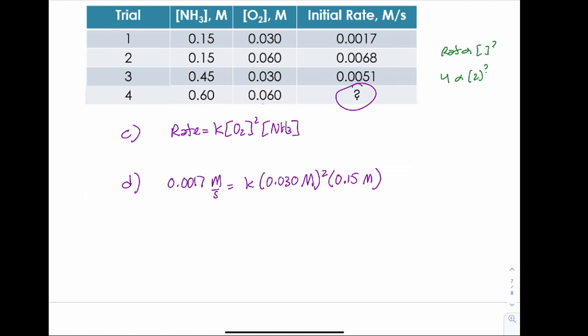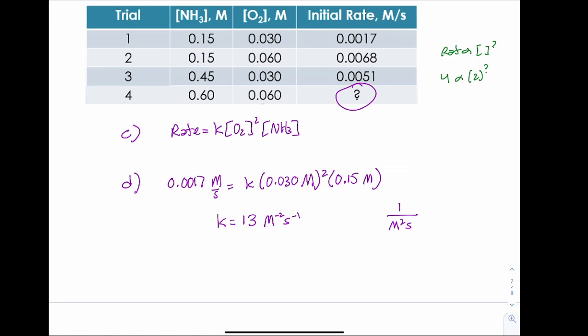So when I typed that in, I got that my rate constant comes out to 12.5925, a whole bunch of other numbers. I do want 2 significant digits, so we're going to end up rounding that to 13. And then unit-wise, I'm actually going to have molar to the -2 again, seconds to the -1. Again, if you want to write it as 1 over molar squared seconds, by all means, it's the same thing.